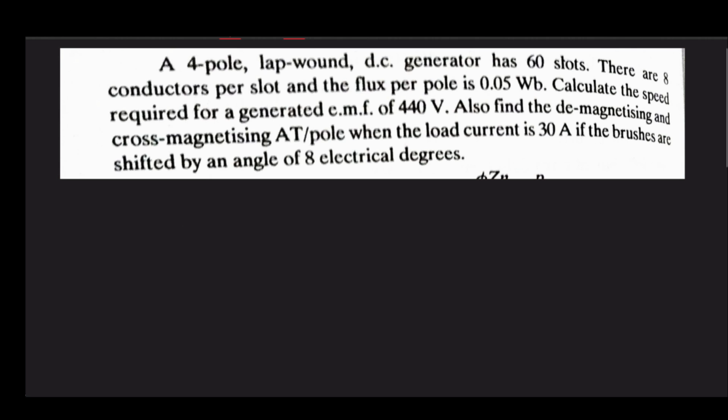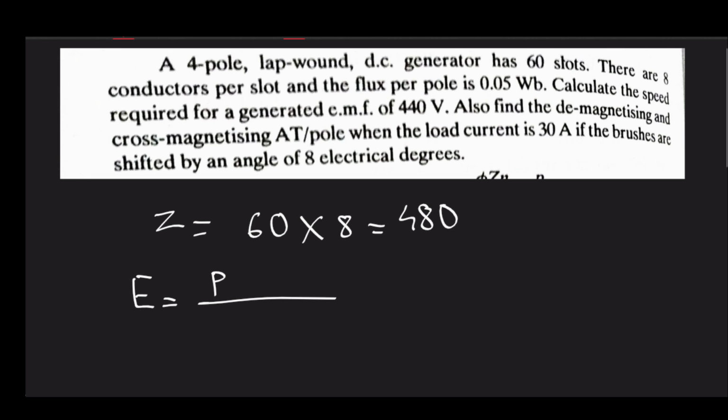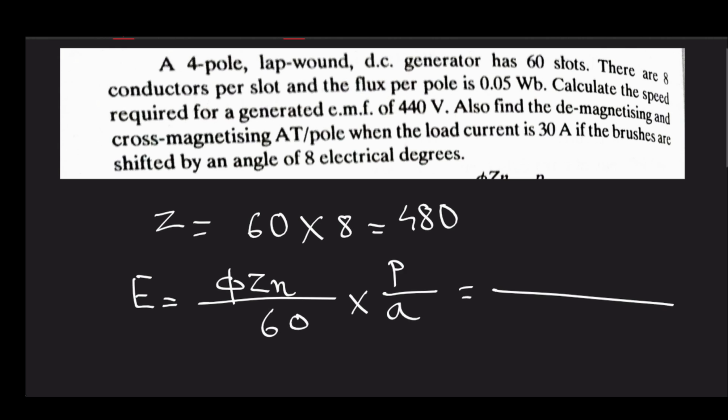So generated EMF. What is the total number of conductors? 60 into 8, 480. What is E? E is equal to P phi Z N by 60 into P by A. So here it is 0.05 into Z 480 into... E is given, N is not given.